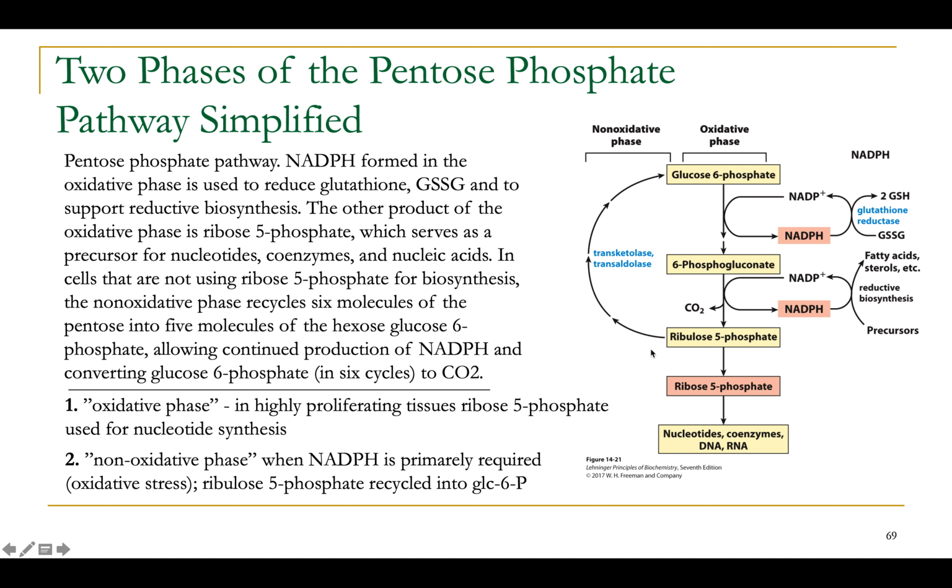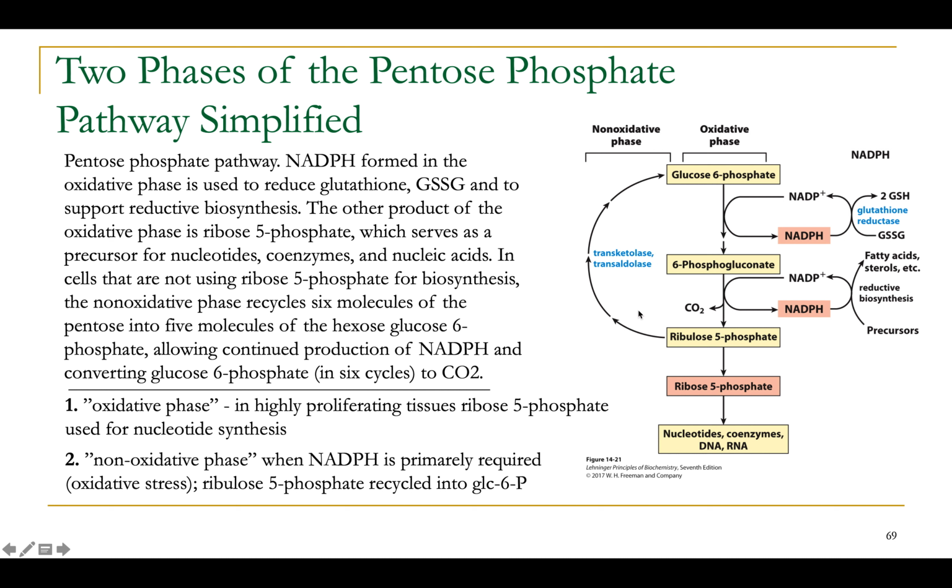In this non-oxidative phase, the pentoses produced in the middle of the oxidative phase undergo a series of backbone rearrangements such that several of these pentose molecules, 6 in total, get recycled back to 5 glucose 6-phosphate molecules.